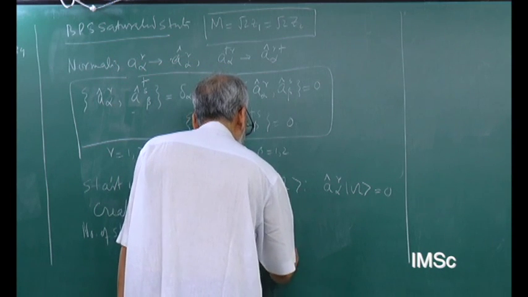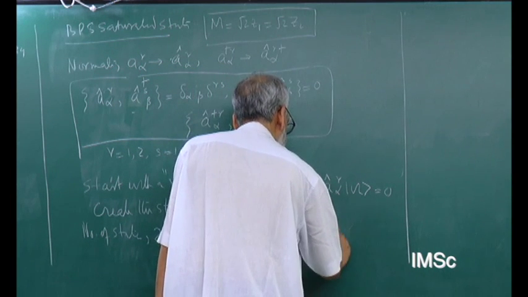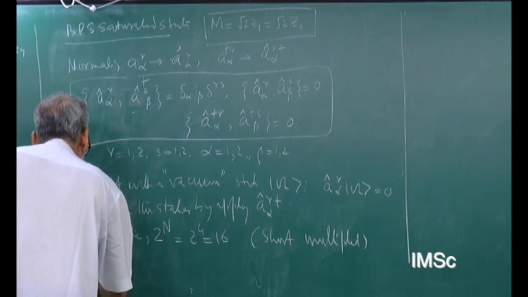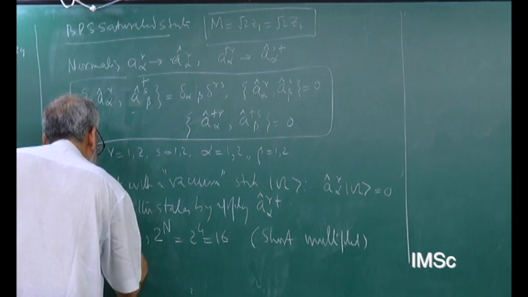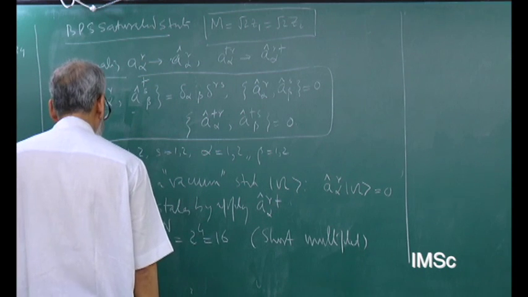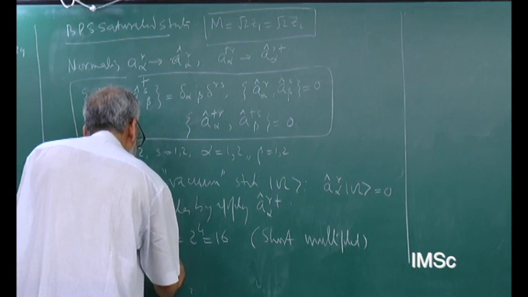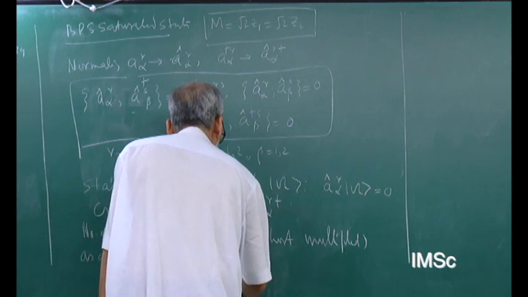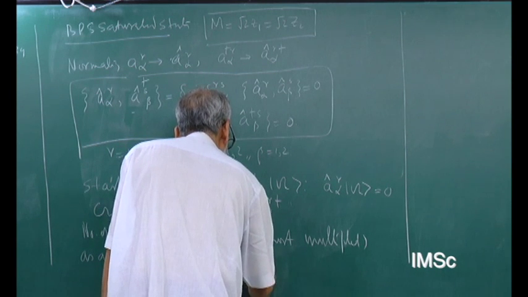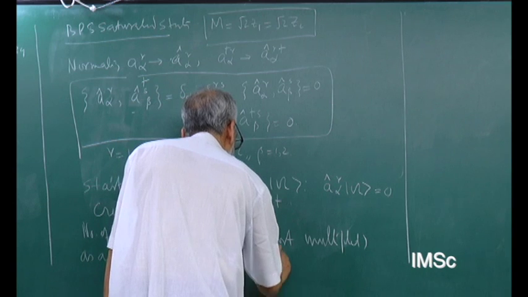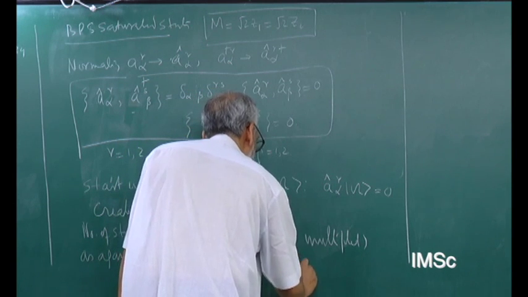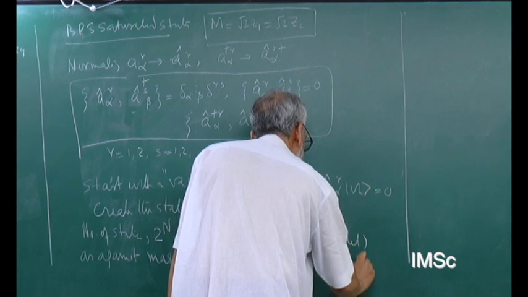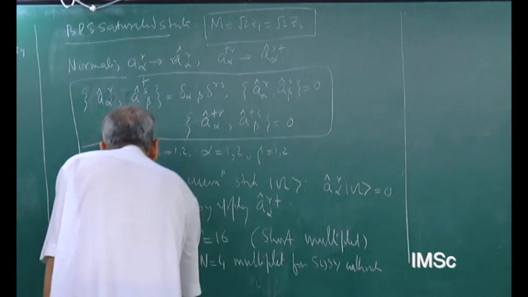And we'll call this a short multiplet. We call it a short multiplet as against the massive N equal to 4 multiplet for SUSY without central charges.